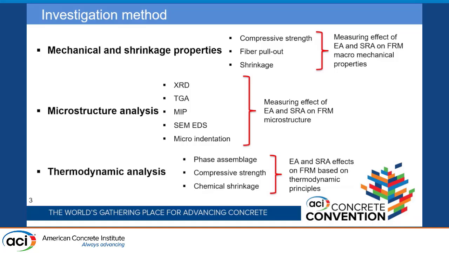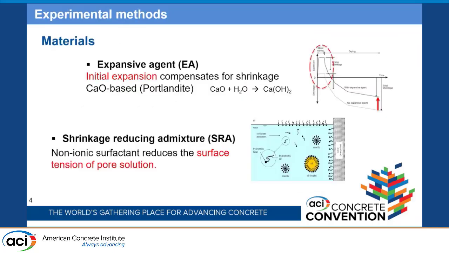Thermodynamic analysis was done to predict the phase assemblage, compressive strength, and chemical shrinkage of fiber-reinforced mortar made of shrinkage mitigating materials. So the shrinkage mitigating materials I'm talking about are these materials: expansive agent, which induces initial expansion, which compensates for the later age shrinkage.